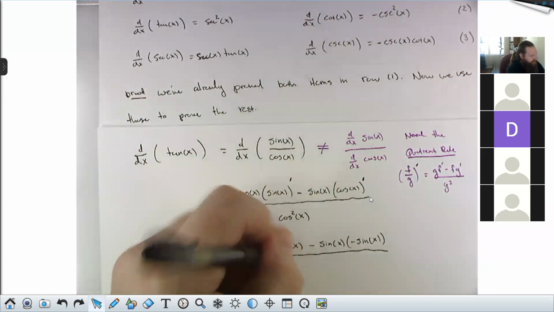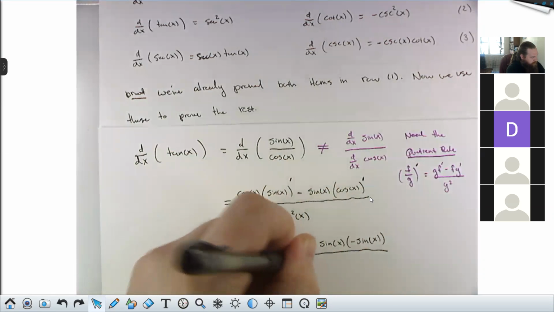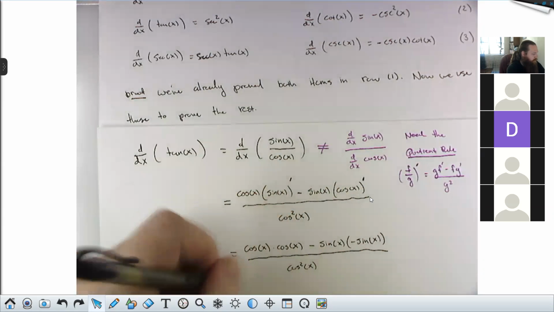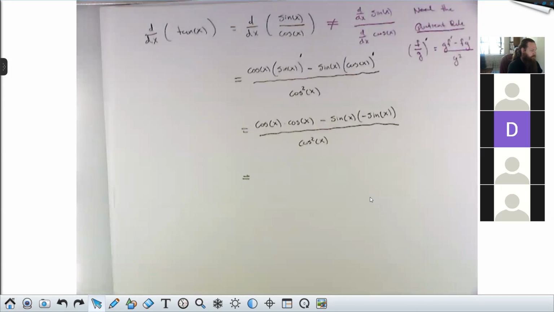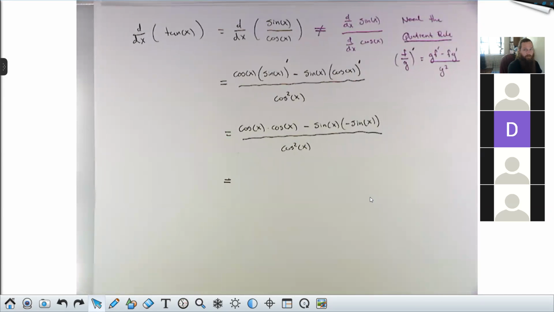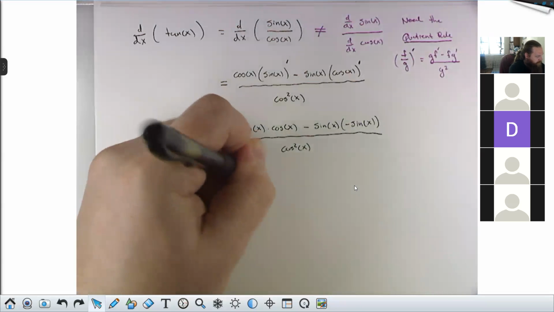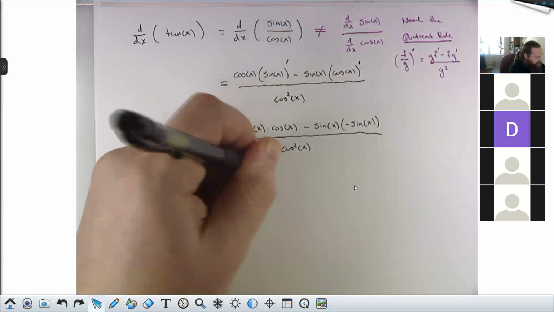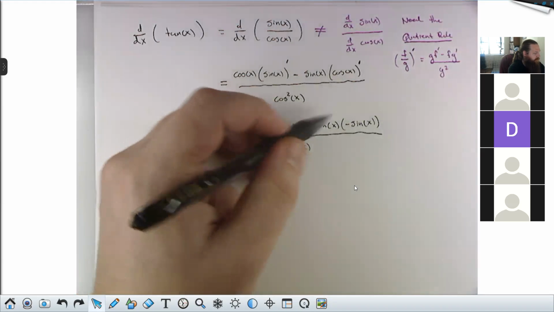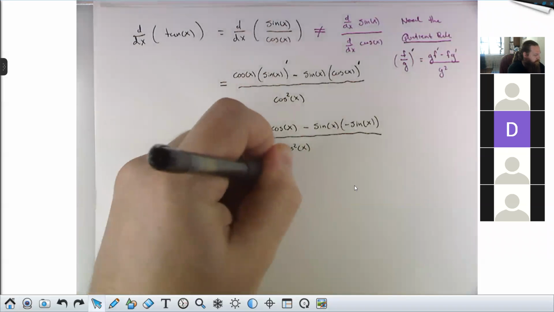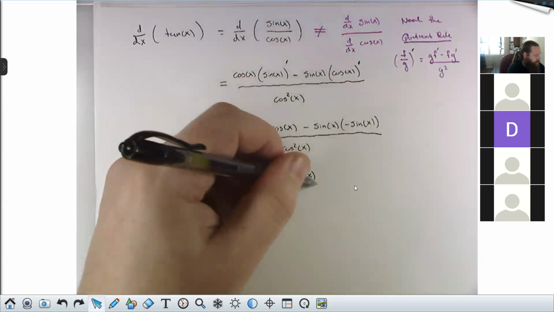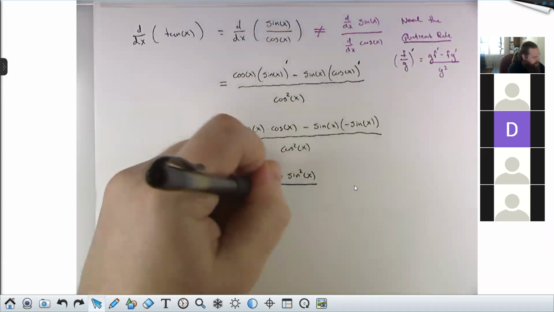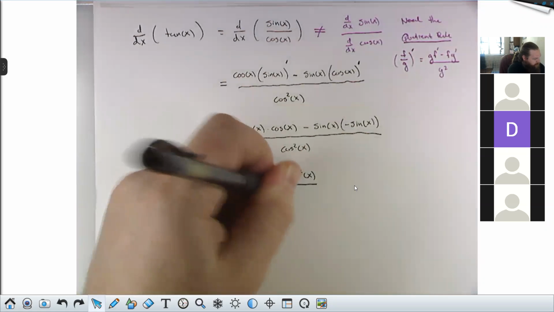And everything here is still divided by cos squared x. Cosine times cosine, that's cos squared x. And then I've got minus sine times negative sine, that's plus sine squared x. This is divided by cos squared x.